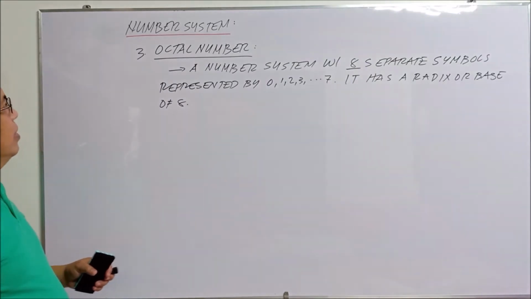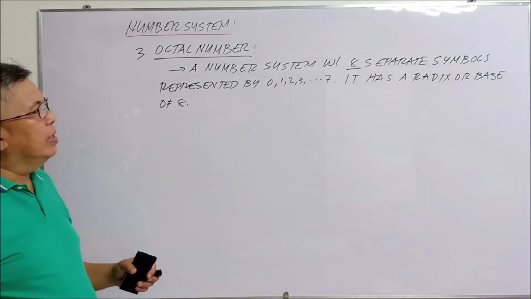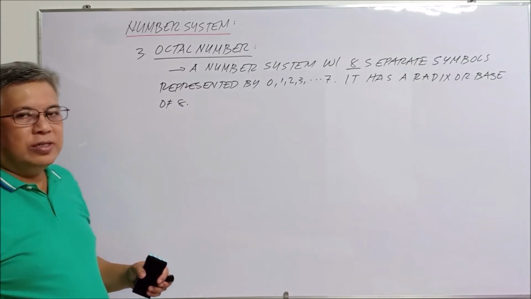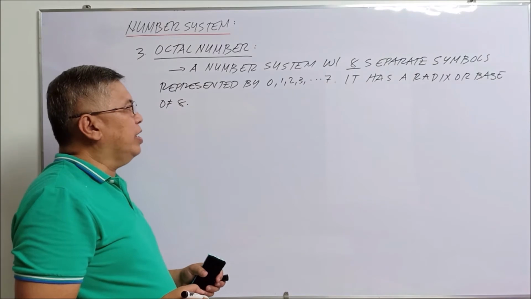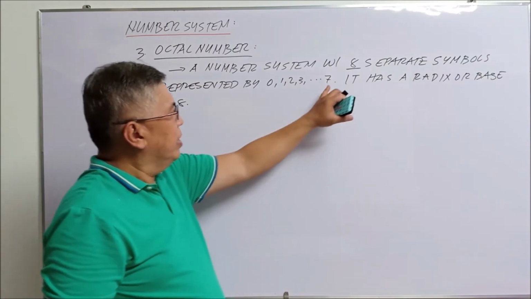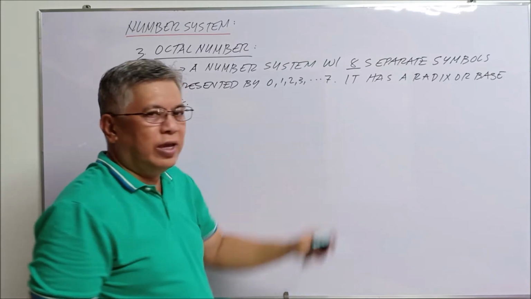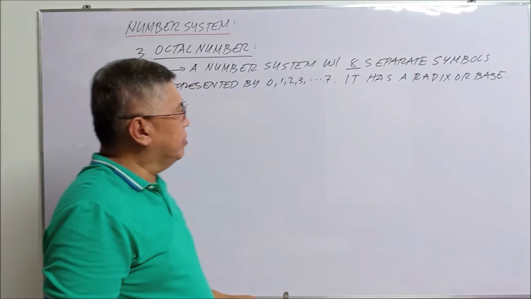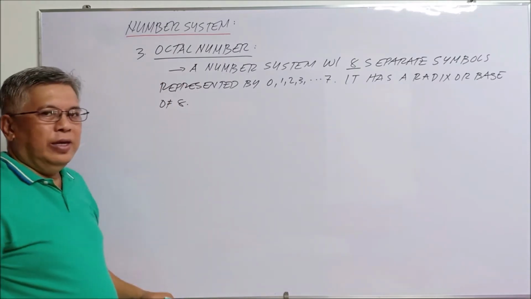Again, the octal number system is defined as a number system with 8 separate symbols represented by 0, 1, 2, 3 up to 7. So there is no 8. From 0 to 7, that is 8 separate symbols. It has a radix or a base of 8.